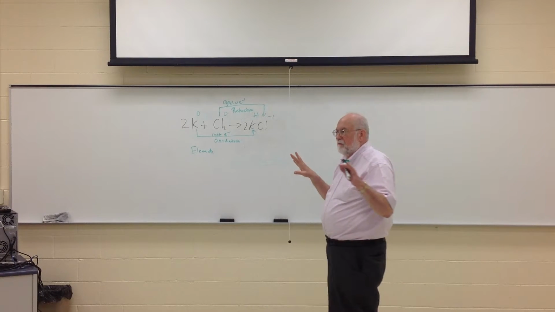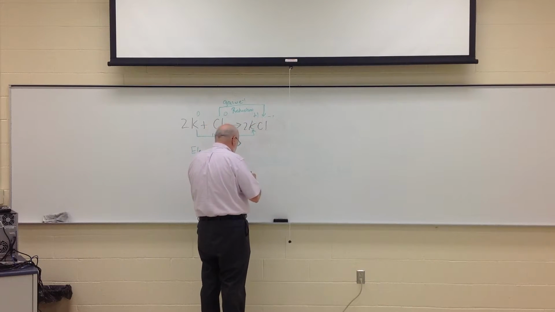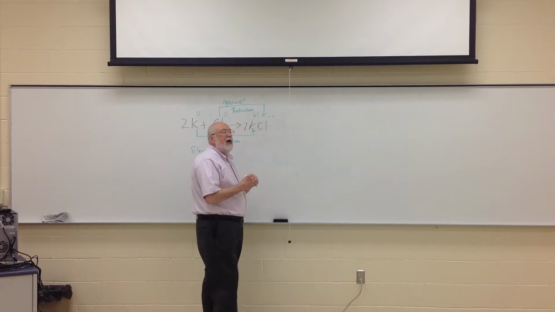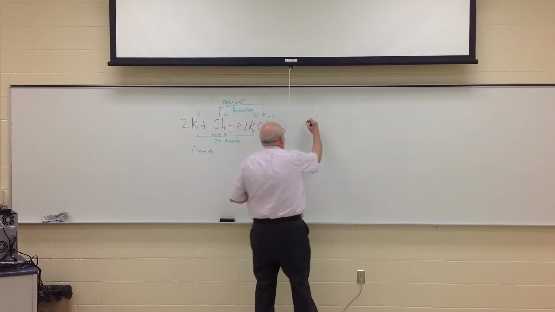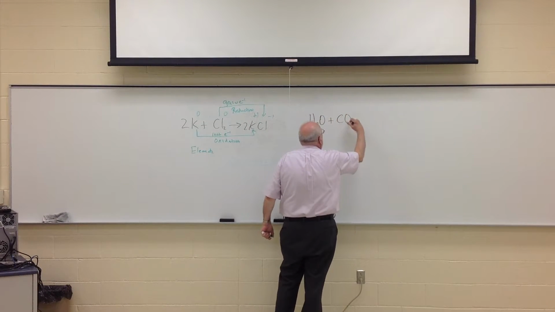All right? Now, here is another example of a combination reaction, and this is one that is a non-redox example. And this is something that you do all the time, even though you don't think about it.